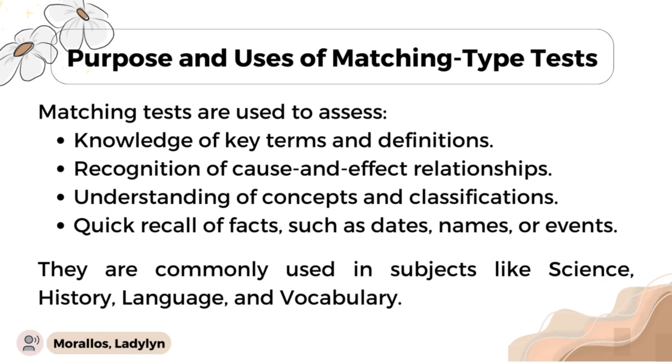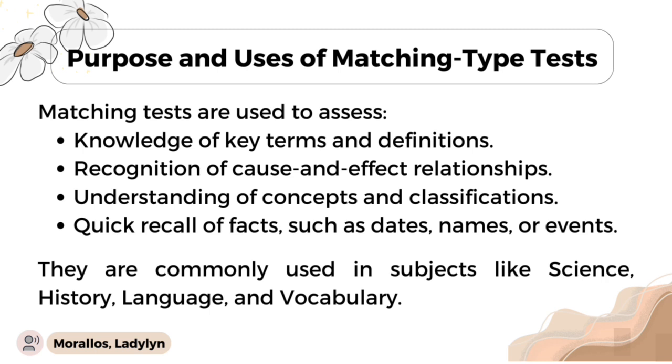The second one is recognition of cause and effect relationships. Matching type tests can also help students show that they really understand how one thing causes another. For example, they might match a historical event with its results.